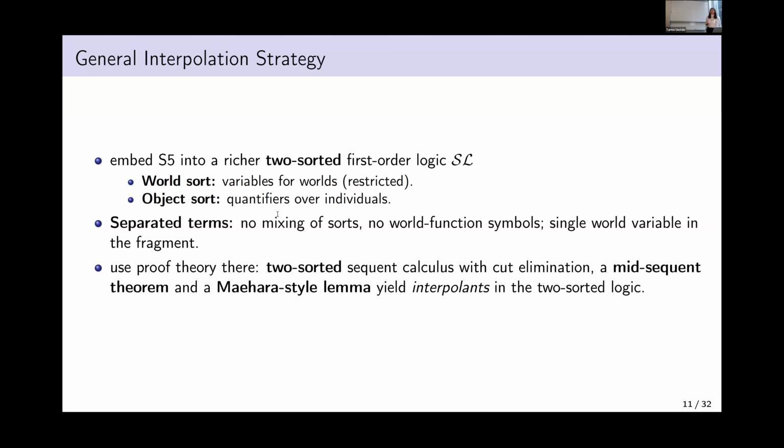So this SL has nice analytic calculi. It has nice proof-theoretic properties. It admits cut-elimination, from which follows the mid-sequent theorem, and from which follows Maehara's lemma, and so we get interpolation.